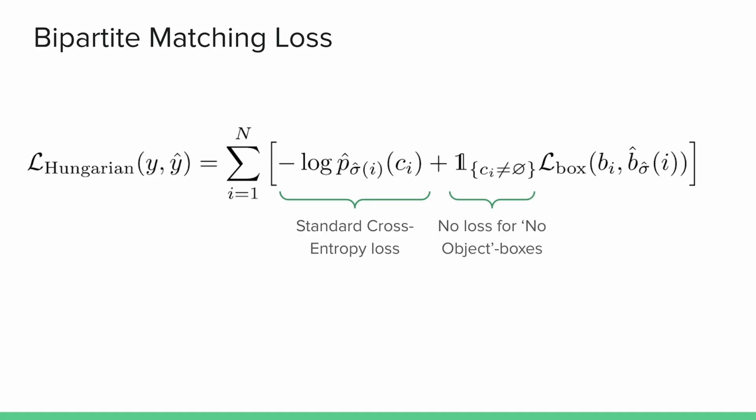And the second part is the loss for the bounding box, with an additional toggle where we say if an object is of the type no object, because we padded our set, then we don't want to generate any loss. So we have this additional multiplier here that disables the loss computation for all those boxes.